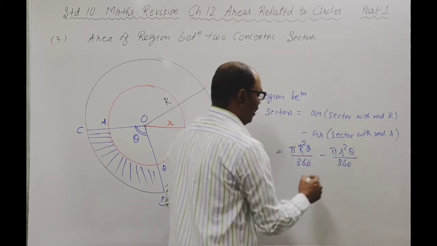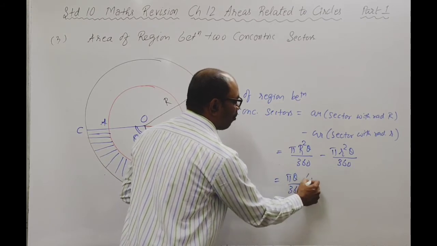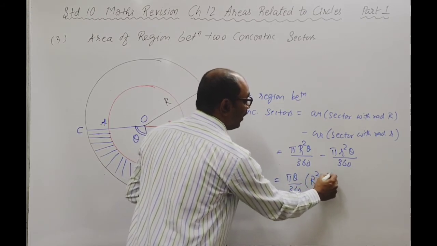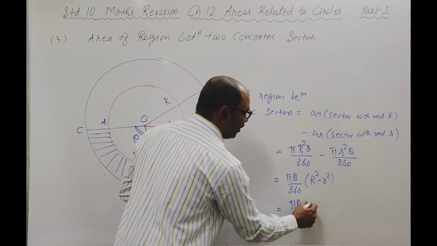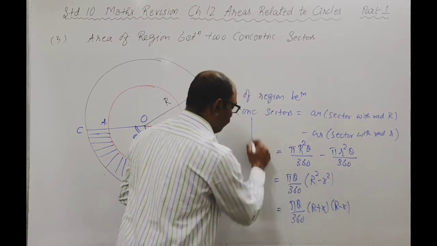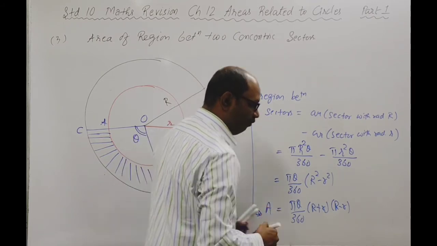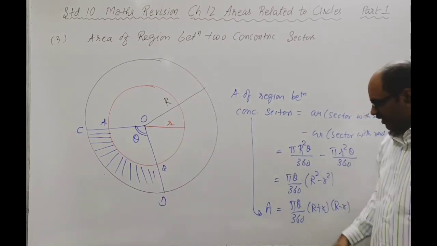Taking pi theta upon 360 common, you have R square minus r square. So again, pi into theta upon 360 into (R plus r) into (R minus r). This is the formula to find the area of the region between two concentric sectors.